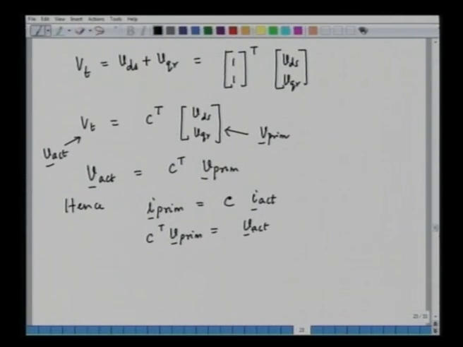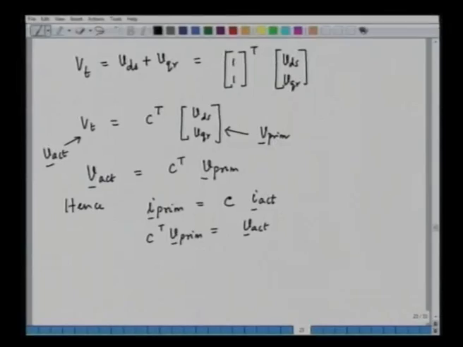So, the actual variables are related to the primitive variables by a linear transformation, that is C. Now, you know that the objective of linear transformation is to take help of the Kron primitive machine model and get back the variables in the actual variable form.